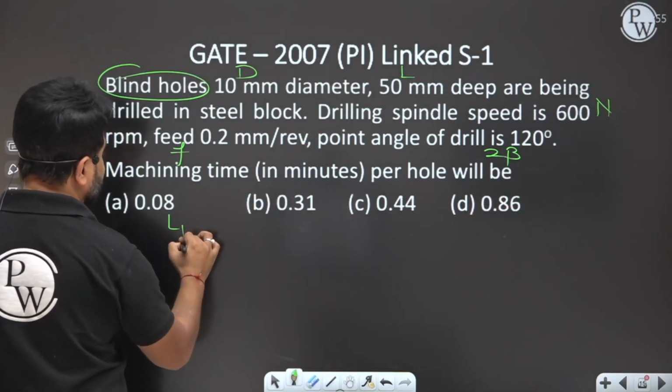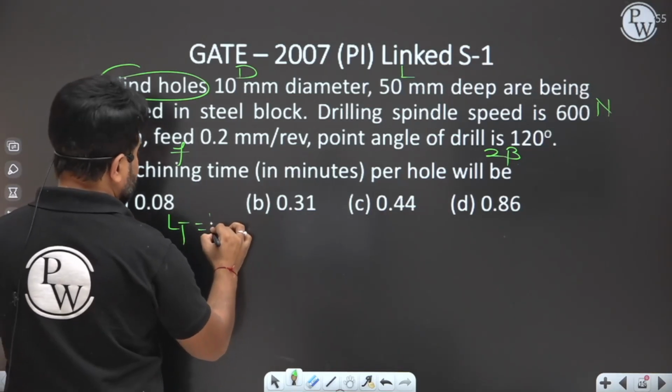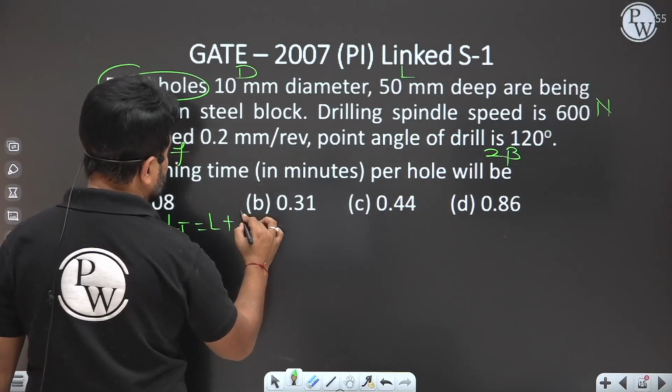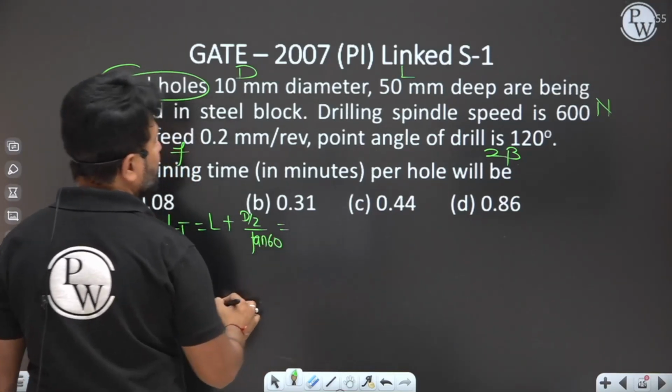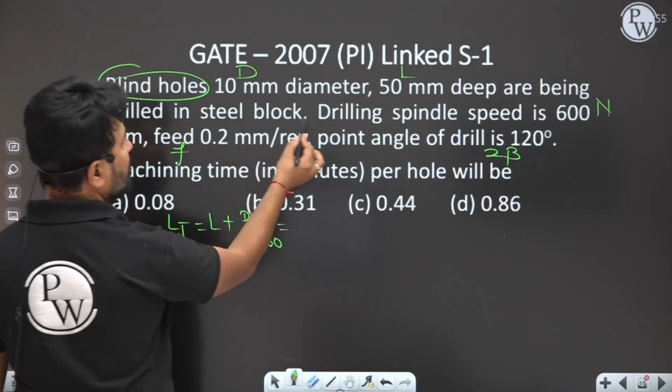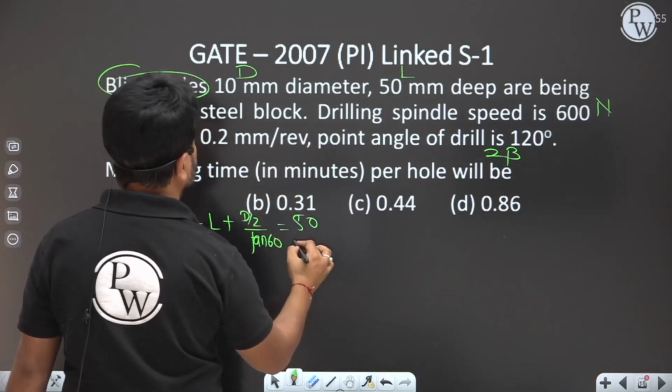I told you to find out the total length, that is L plus D by 2 tan beta. L is 50, D is 10.